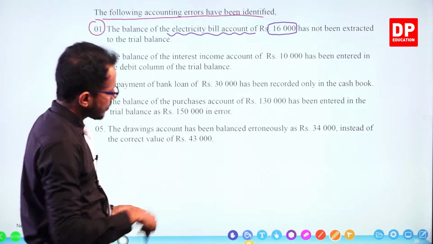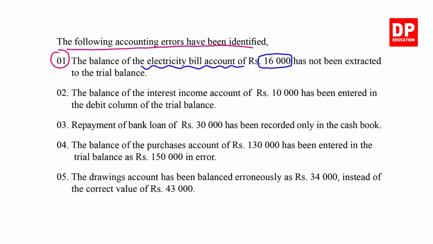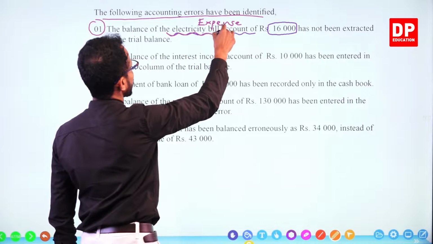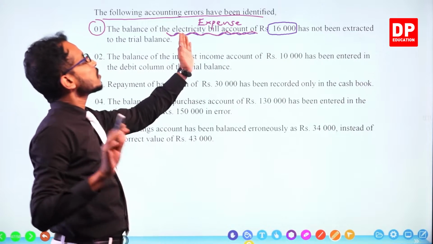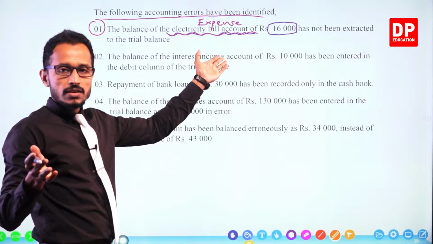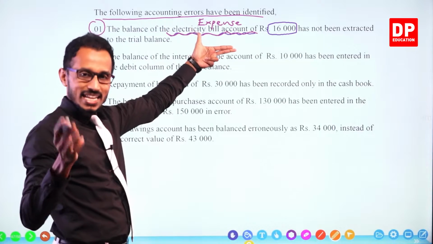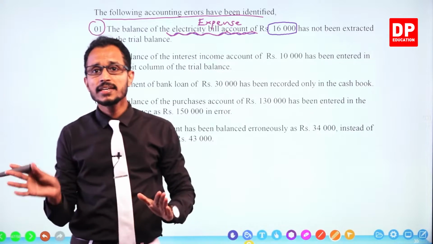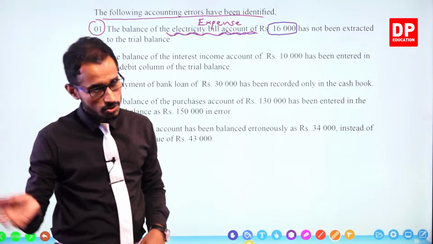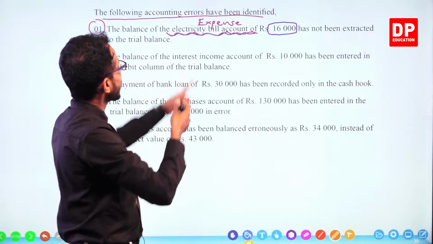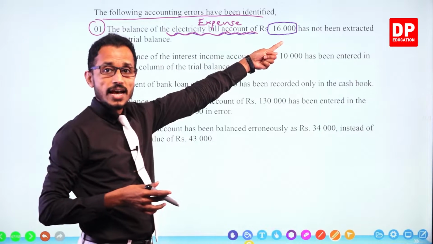And we know that electricity bill account is an expense account. Expense accounts always have their balances in the debit side. So in the trial balance also, expense account balances should be in the debit side.